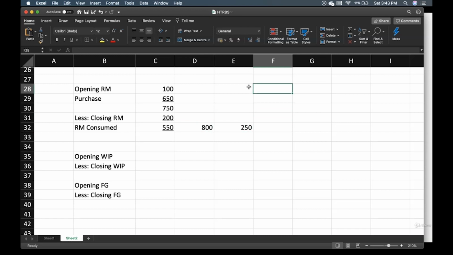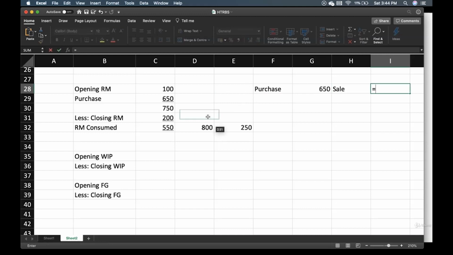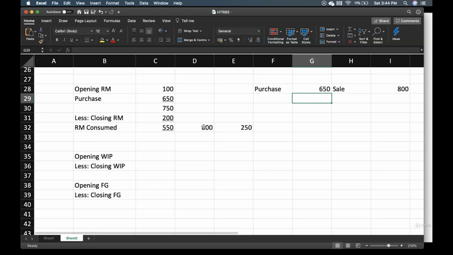See, what many people will do, they'll say they purchased for 650, and they have sold for 800, and they'll say their profit is 800 minus 650. They claim this as profit.